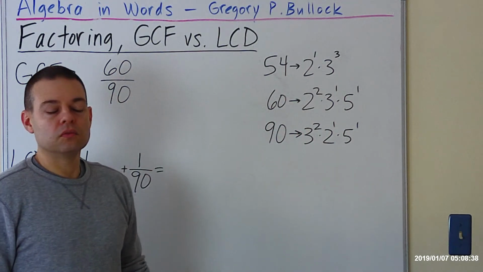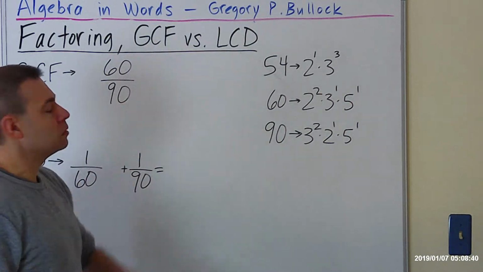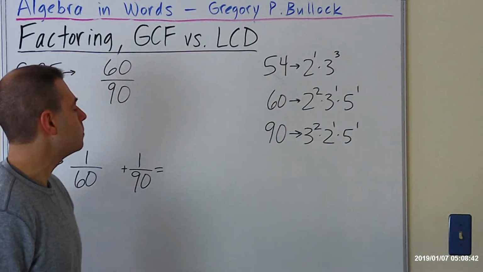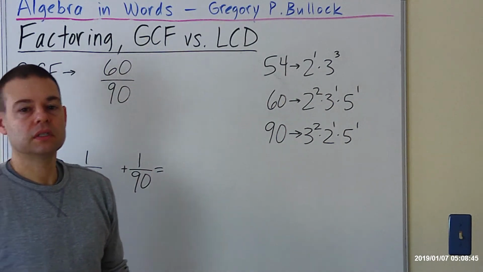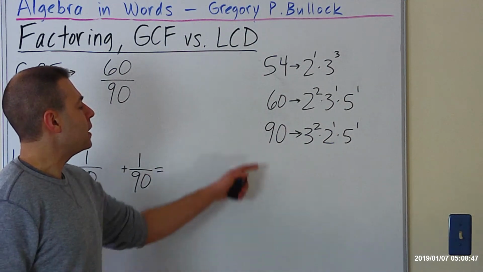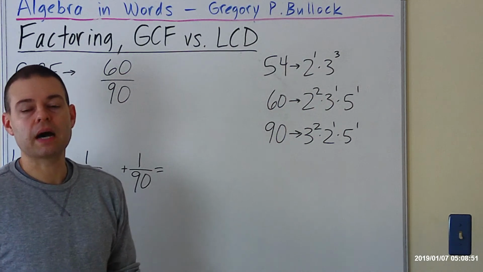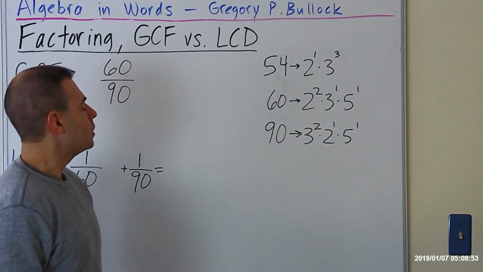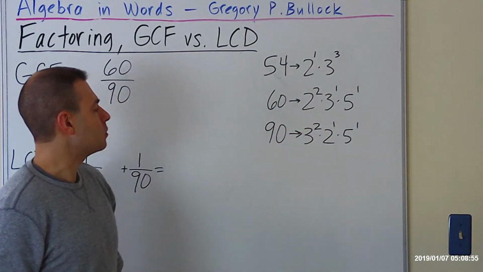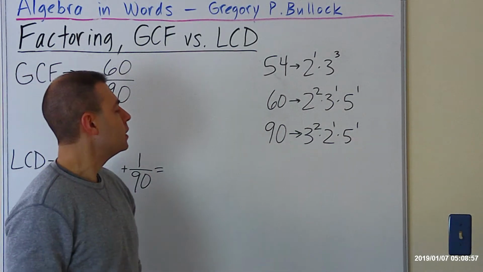Now, because of the keyword common, for greatest common factor, I want you to find the factors between 60 and 90 that are only common, okay? Let's just start with 2, all right?